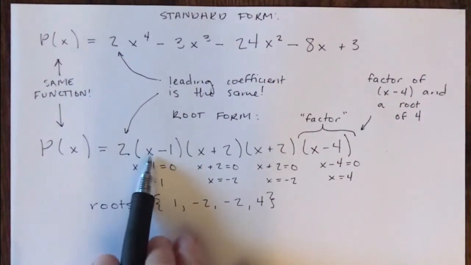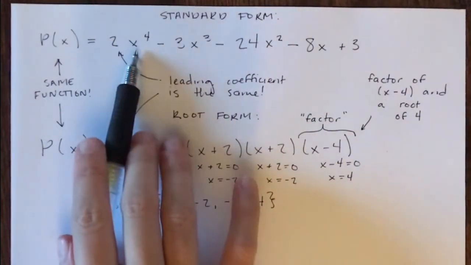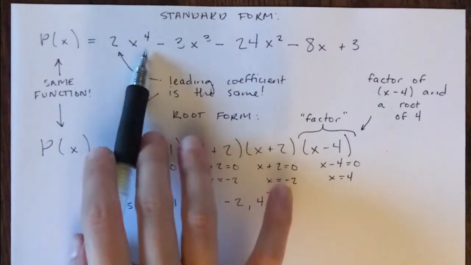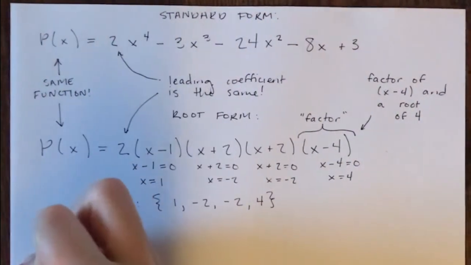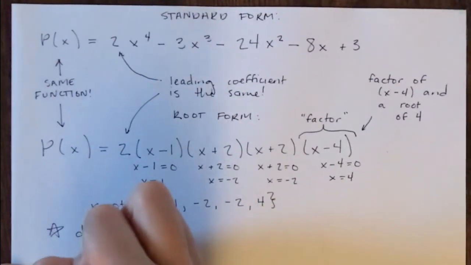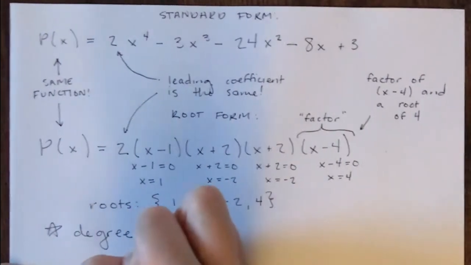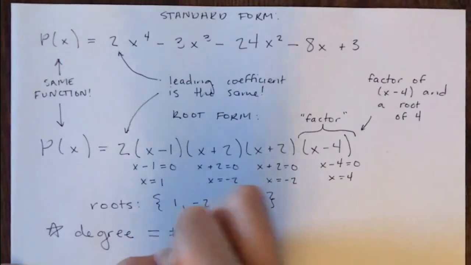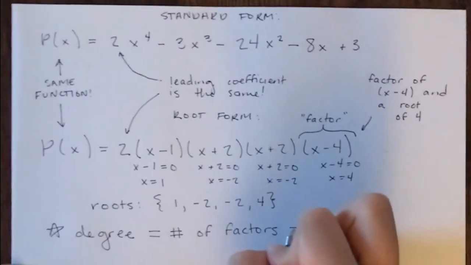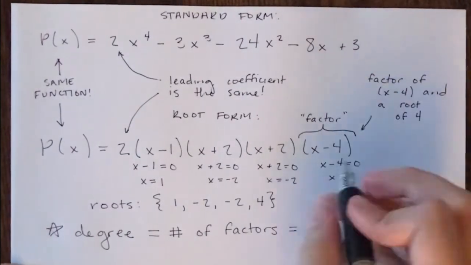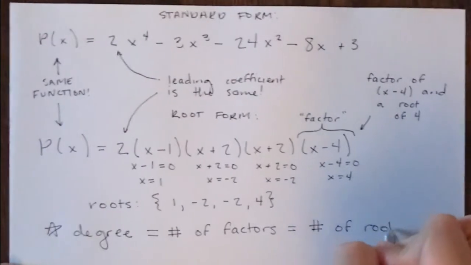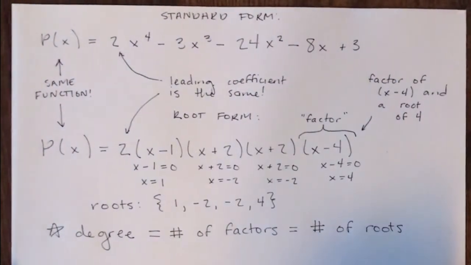X to the 4th is my degree, because this is my largest exponent. So what can we take away from that? Well, our degree is always going to be equal to the number of factors we have. And because every factor is connected to a single root, this is also equal to the number of roots. This is going to be very useful for us.